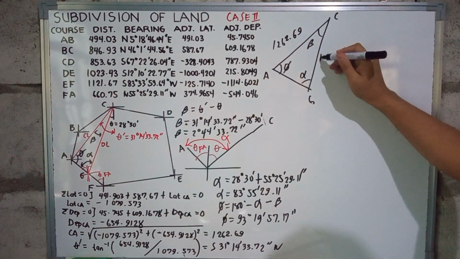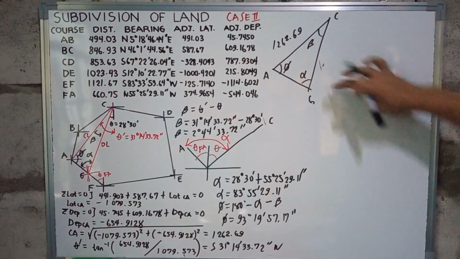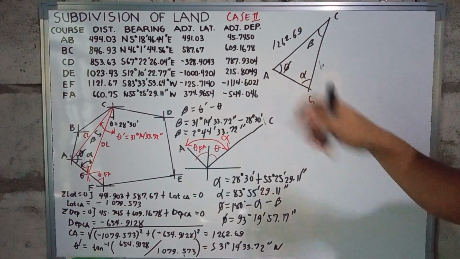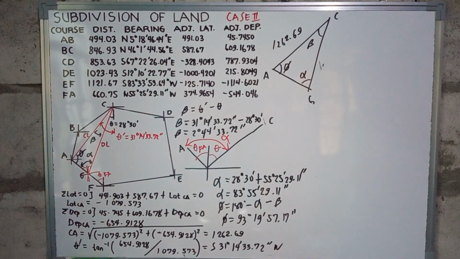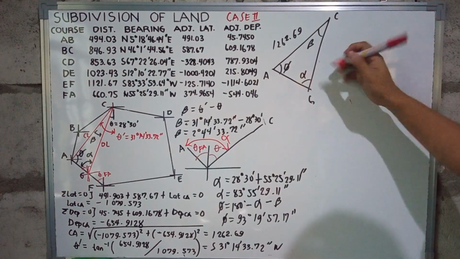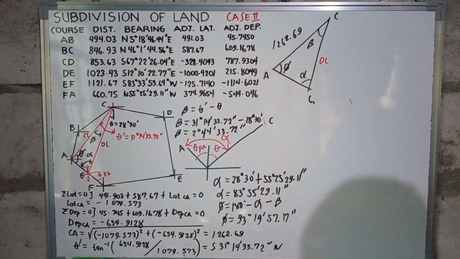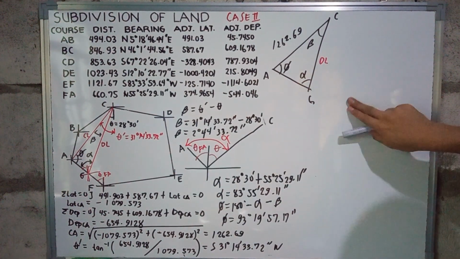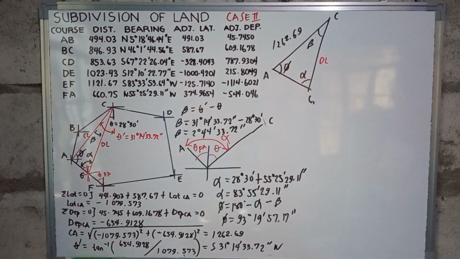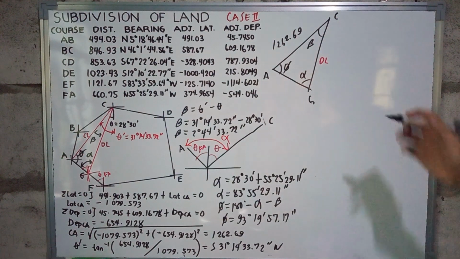That is our dividing line. And at the same time, the value of our A to G. So, makukuha natin yan by means of sine law. So, this will be our dividing line. So, apply natin yung sine law.